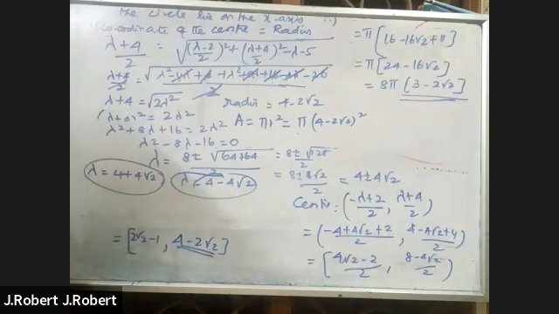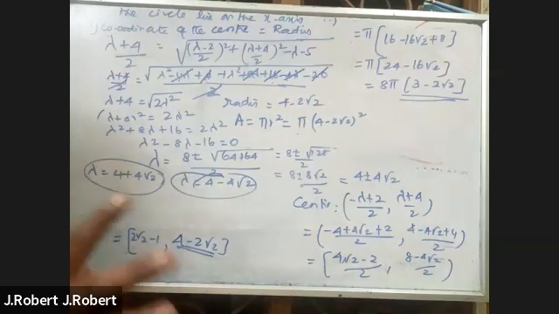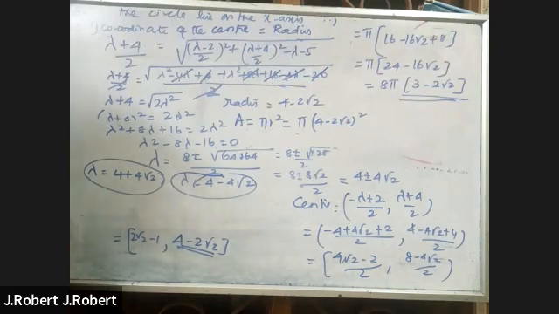The equation of the circle passing through the point and having the tangent is x minus x1 whole square plus y minus y1 whole square plus lambda into the tangent equals 0. And one more piece of information: if any circle touches the x-axis, then the y-coordinate is the radius. If any circle touches the y-axis, the x-coordinate is the radius.